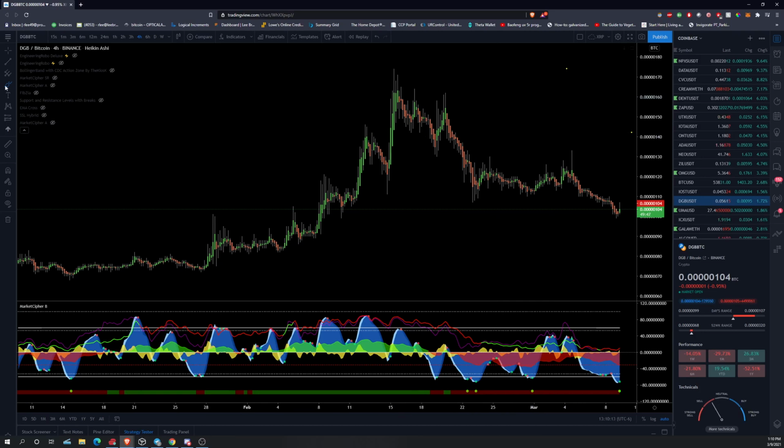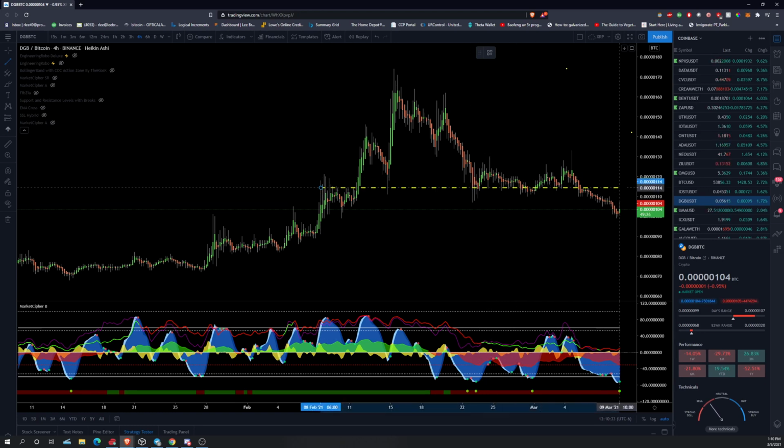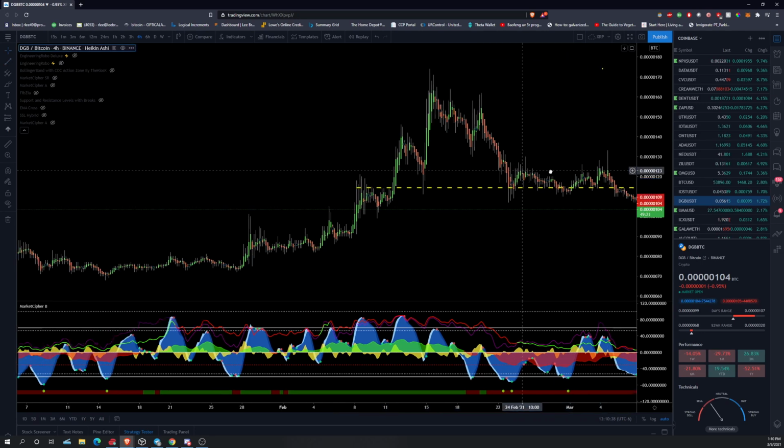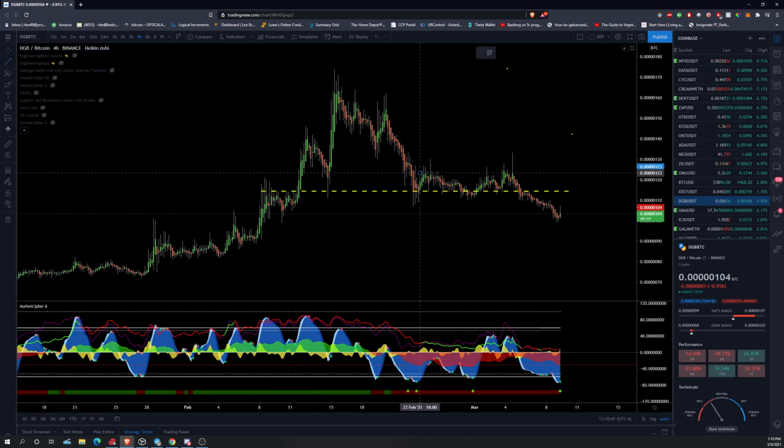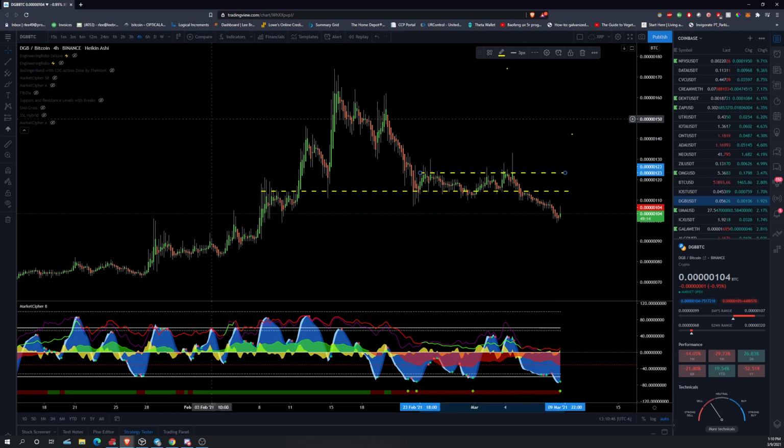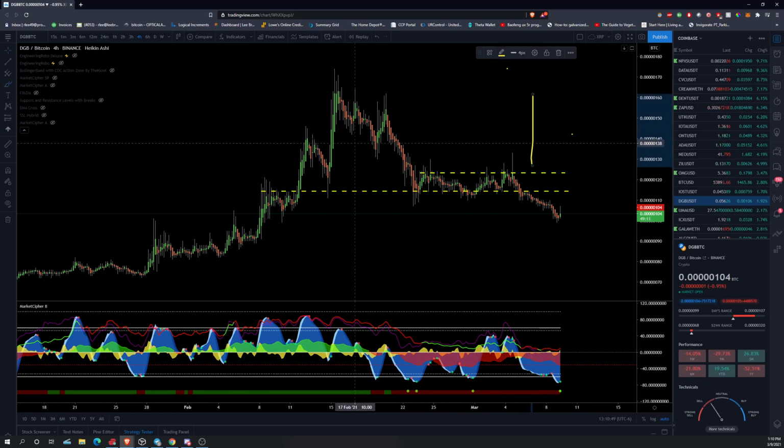Let me bring this out a little bit more. If you do some lines here, and by the way, we're looking at DGB Bitcoin. This isn't DGB dollar or Tether, but you can still look at this because this is a good indication of support resistance lines. And we talked about this in the last video, but just to go over it real quick, here's kind of your resist lines, and then once you pass these two, you can see we've got a lot of room to the upside right there.